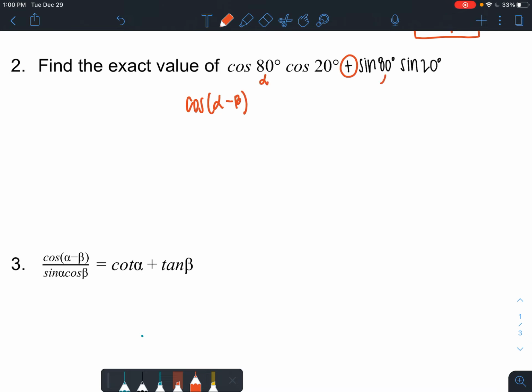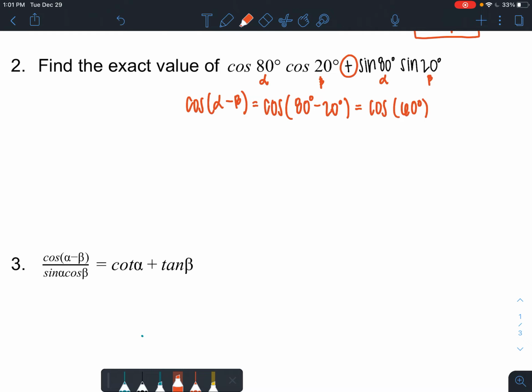Now, 80 we can call our alpha. This we can call our beta. So we get cosine of 80 minus 20, and we get cosine of 60 degrees.